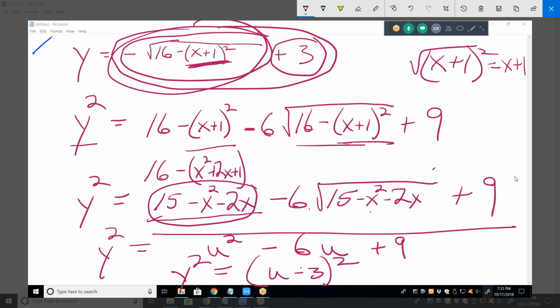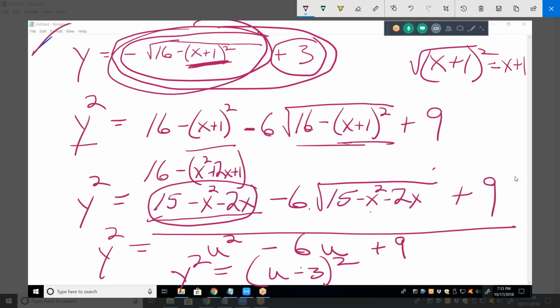Now, are you sure this is the way it reads in your book? In other words, do I have the 3 outside the radical sign and everything else is inside and that first negative sign is outside? Yes, it's just supposed to be a circle.